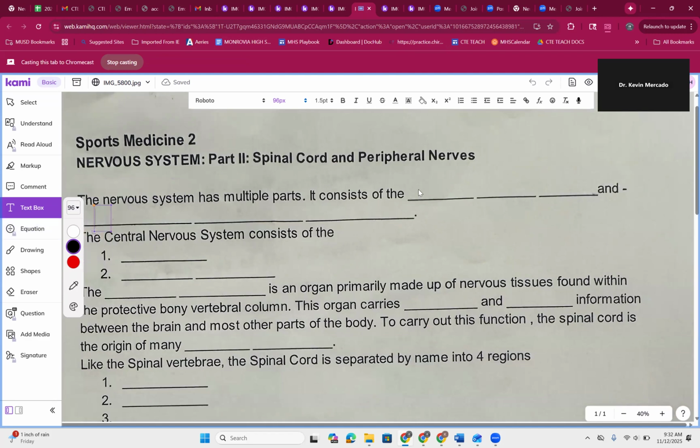So the nervous system has multiple parts. It consists of the central nervous system and peripheral nervous system.